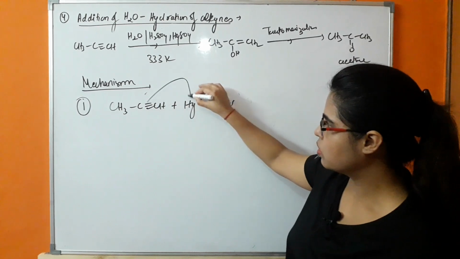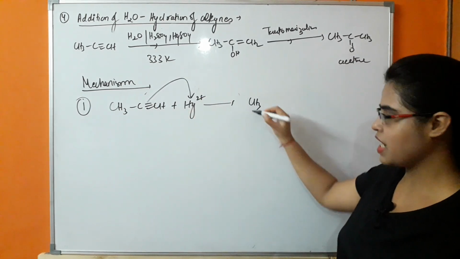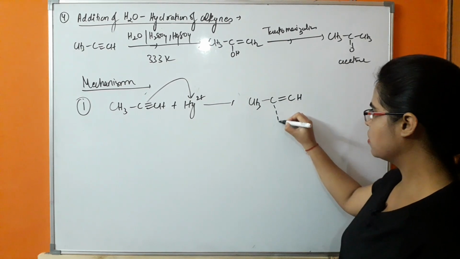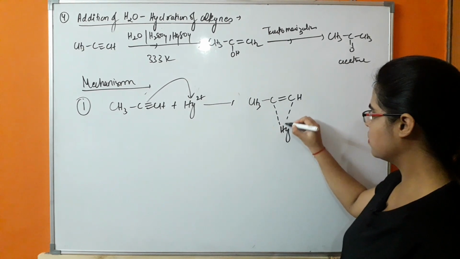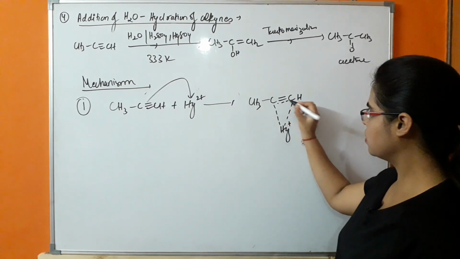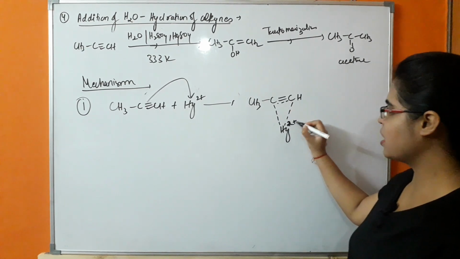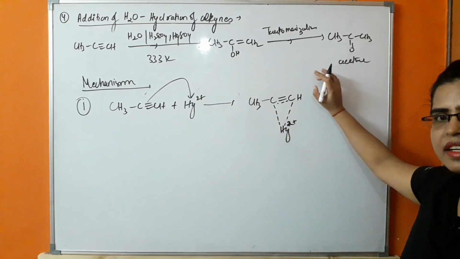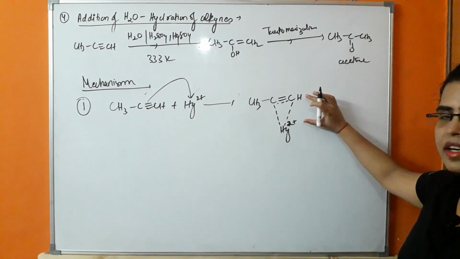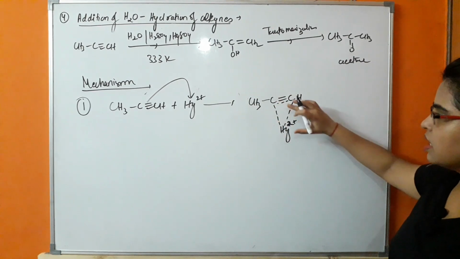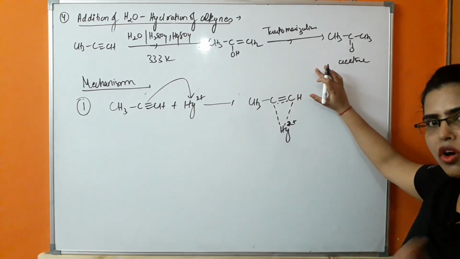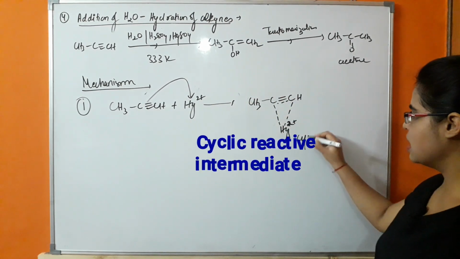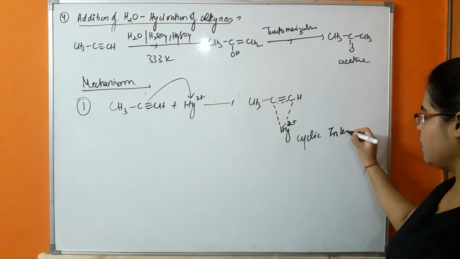So there is formation of this cyclic reactive intermediate. This is highly reactive because as you can see, the bond length is longer than a normal covalent bond, and this is the cyclic state which is formed. So this is the cyclic intermediate.